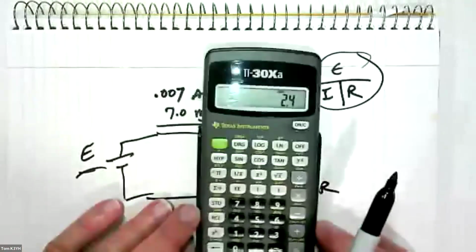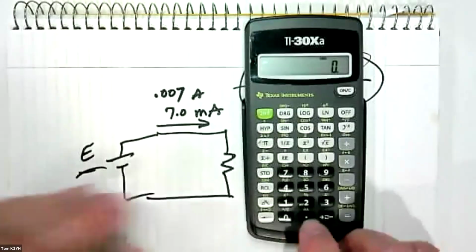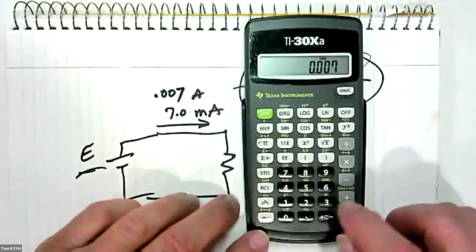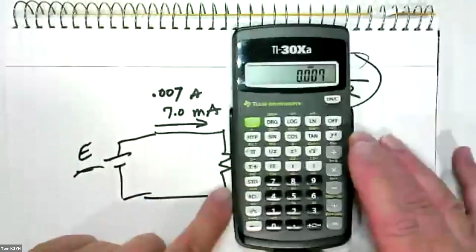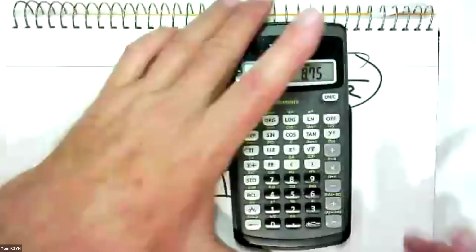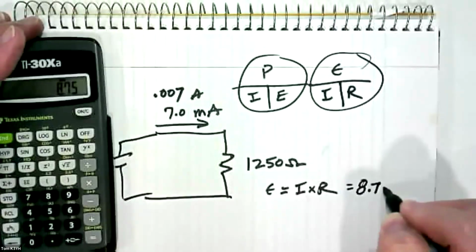I'm going to do it for you a couple different ways. You see this right here? Okay, so let's just multiply 0.007 times this number, 1250, and that equals 8.75. So E equals 8.75.